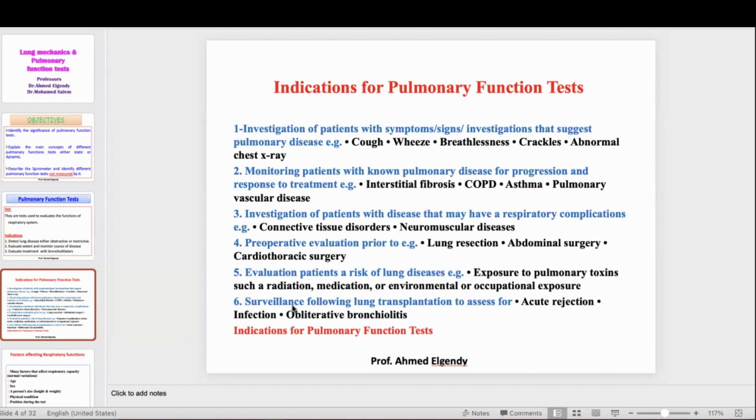And number six, surveillance following lung transplantation to assess for rejection, acute rejections, infection, or obliterative bronchiolitis. So these are the indications for the pulmonary function test. Any questions from here? Is it clear? Okay. All right.